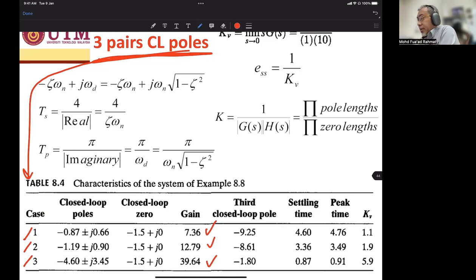And then the third poles also 3 values, minus 9.25, minus 8.61, and minus 1.8 with the different settling time, okay, and peak time, also the KV.